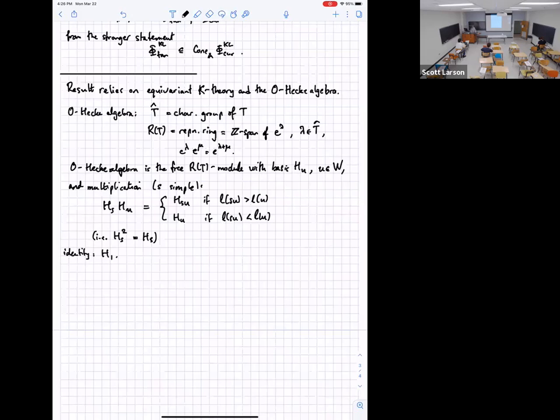Now, another thing I want to introduce is something called the Demazure product, which I think I first saw in a paper of Allen Knutson and Ezra Miller. So suppose that S is a sequence of simple reflections, not necessarily reduced.